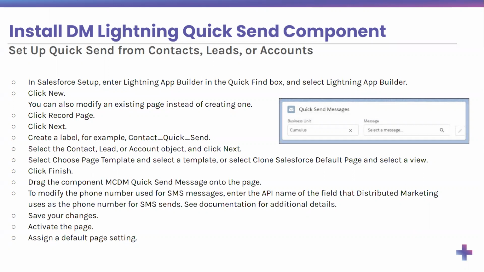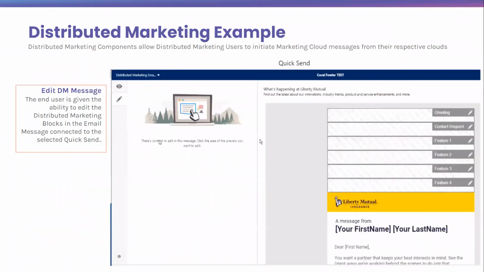You're going to want to search for a component labeled MCDM Quick Send Messages, and you will just drag and drop that component directly onto the CRM page that you're editing in Lightning App Builder. After that, you activate the page, and you should be able to view that component directly on a contact record.